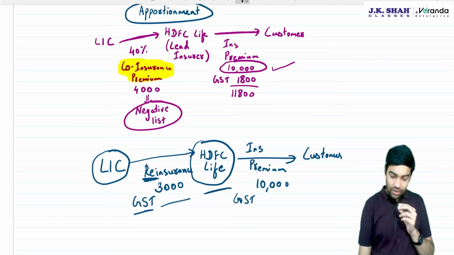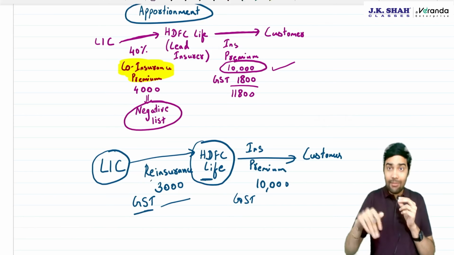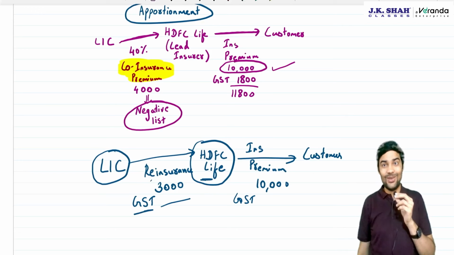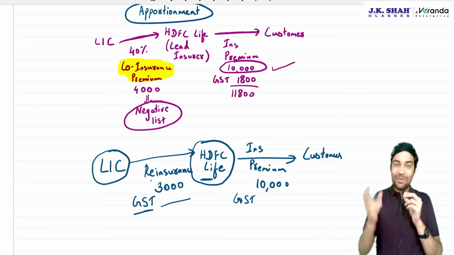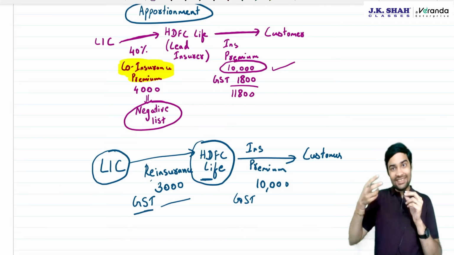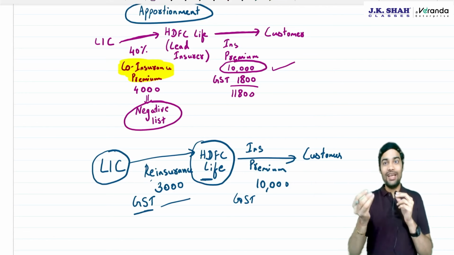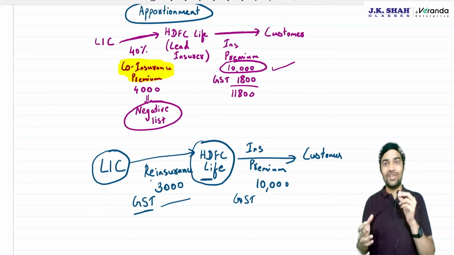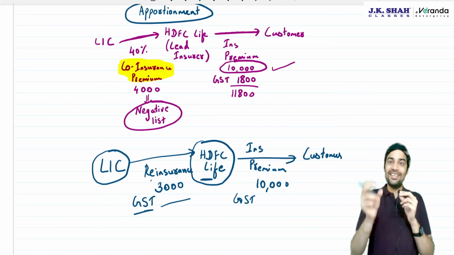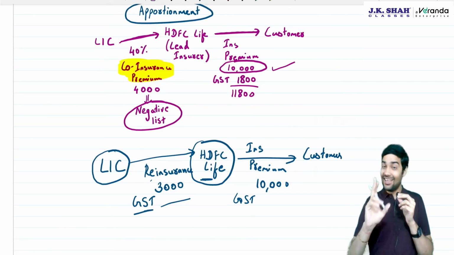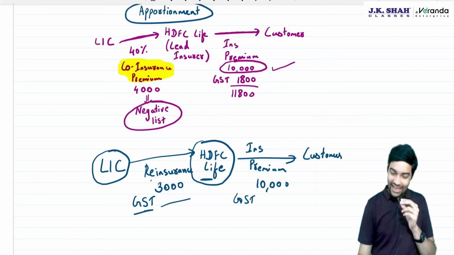Now HDFC Life said, see, I have paid some insurance commission. When I am giving you reinsurance, I should also get some commission because I am giving you reinsurance. Oh, wonderful. See this. LIC is providing service to HDFC Life. Now, HDFC Life is saying, I am also providing services to you, and that is reinsurance. I should get a commission, that is reinsurance commission. Now, see how it is working.